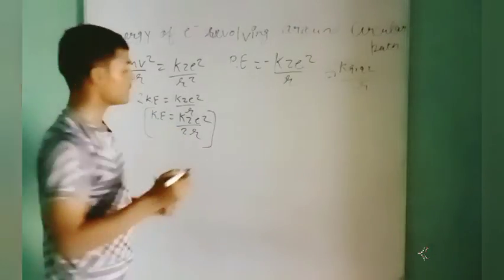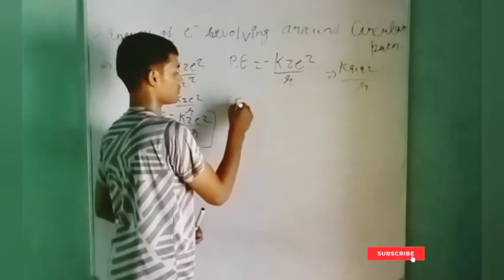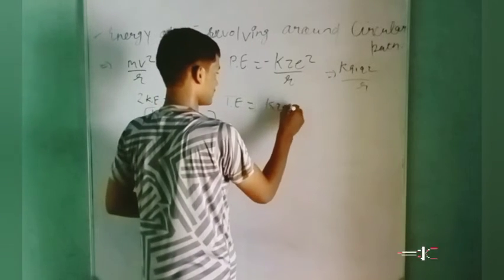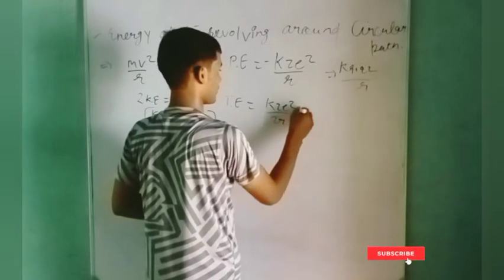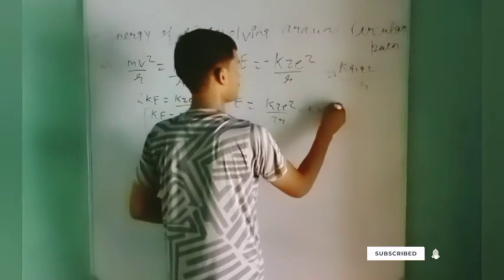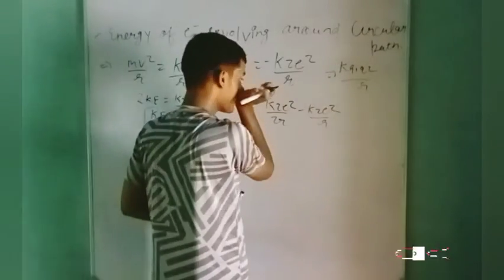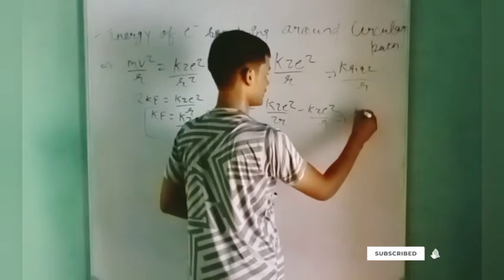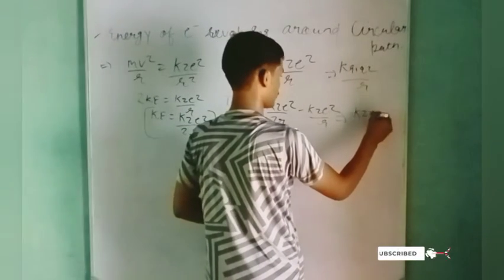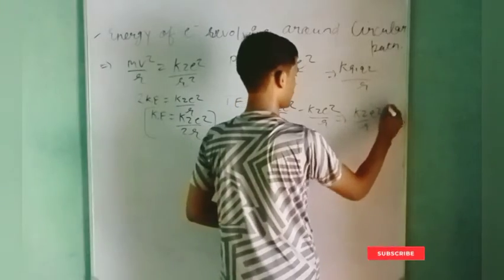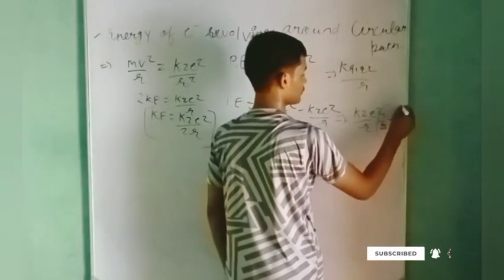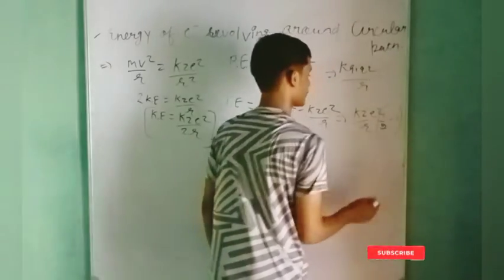Total energy, so TE is equal to kZe square upon 2r minus kZe square upon r. Here kZe square upon r is common. So 1 by 2 minus 1 is equal to minus 1 by 2.